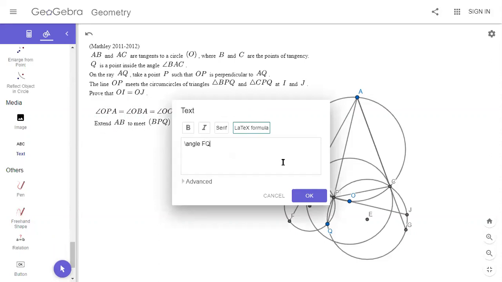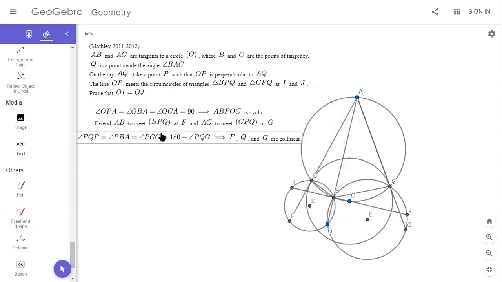angle FQP equals angle PBA is equal to angle PCG, which is 180 minus angle PQG. And so that means F, Q, and G are collinear.